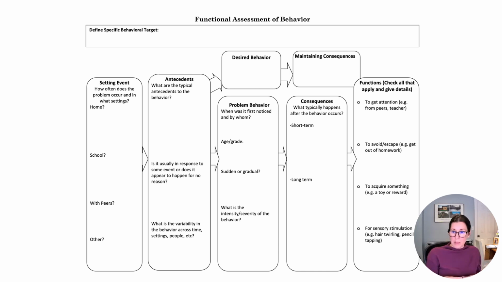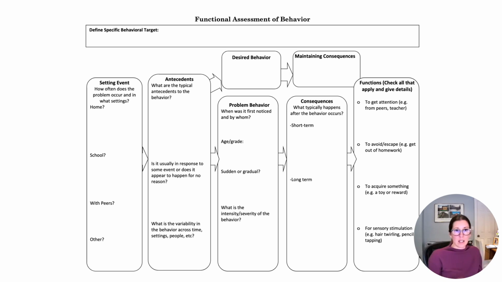Does it happen with peers? Does it happen in other settings? Is there situational or environmental variability? Is it happening more frequently or less frequently in certain situations, or is it happening across the board? Is it happening more intensely with certain people, like peers, for instance, or less often in certain situations? And it allows us to speculate why that might be.